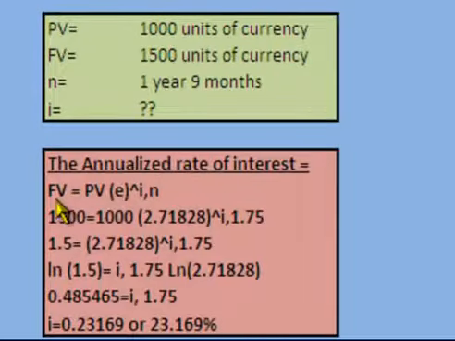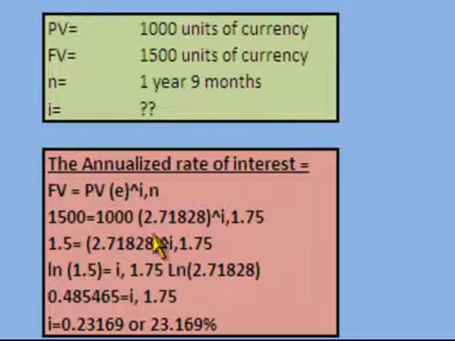We shall apply the continuous compounding formula to calculate future value, which is equal to present value multiplied by exponential constant raised to the power interest multiplied by duration. Now in this case, future value is 1500, present value is 1000, value of exponential constant is 2.7182, raised to the power interest rate, annualized interest rate which we want to calculate, and the duration is 1.75. 1.75 means 1 year 9 months.